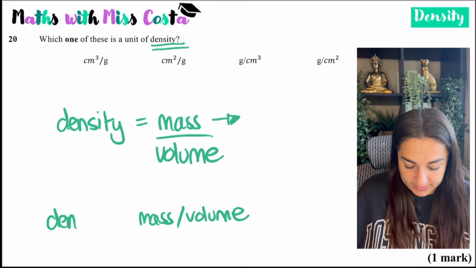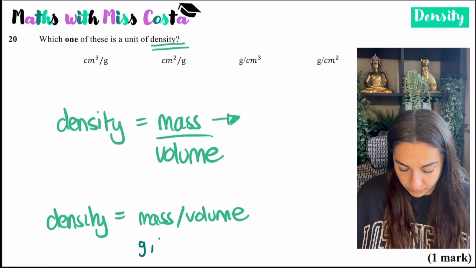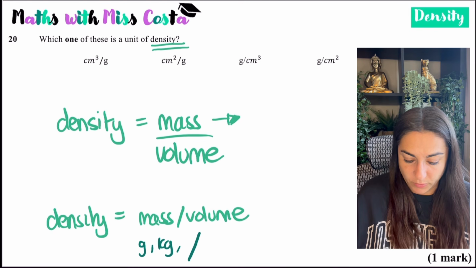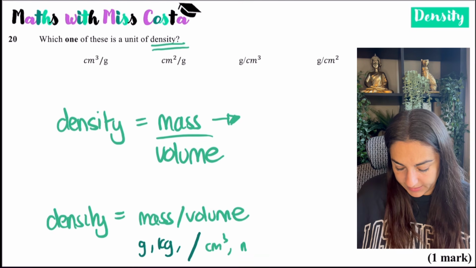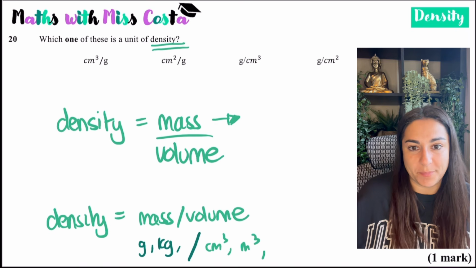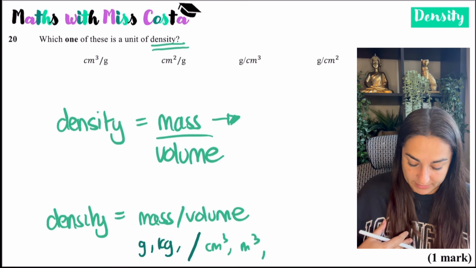Okay, so what are units of mass? Well, grams, kilograms, anything like that. What are units of volume? Centimeters cubed, meters cubed, anything of that sort. Okay, so volume is something to the power of 3 because it's 3 dimensions that are being multiplied.